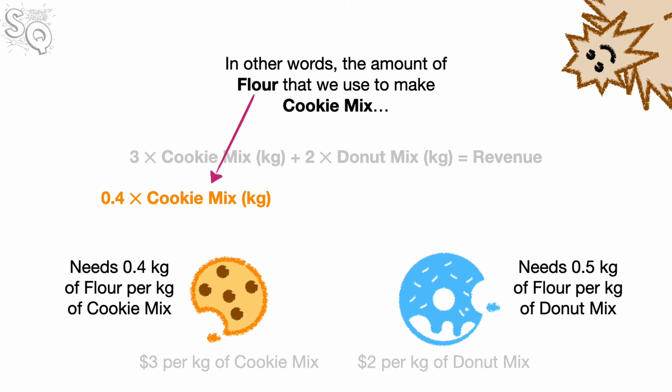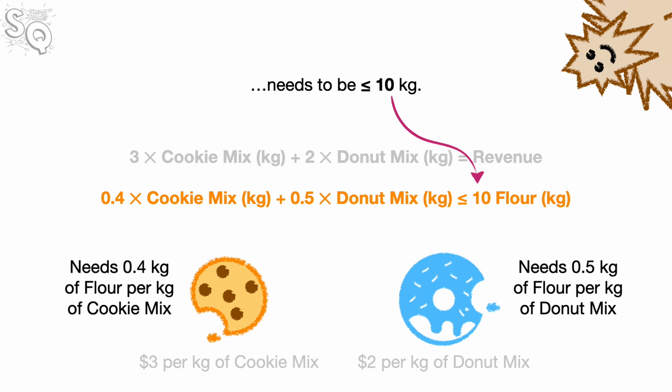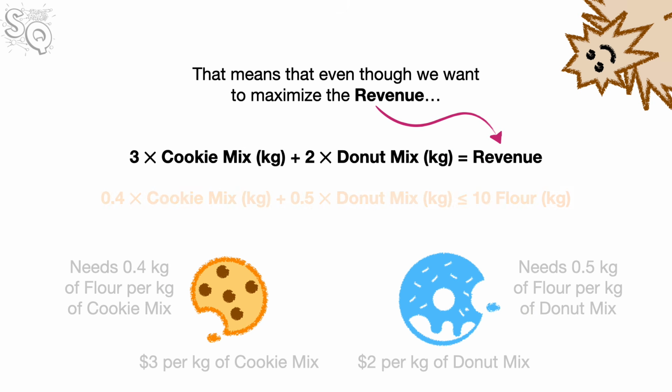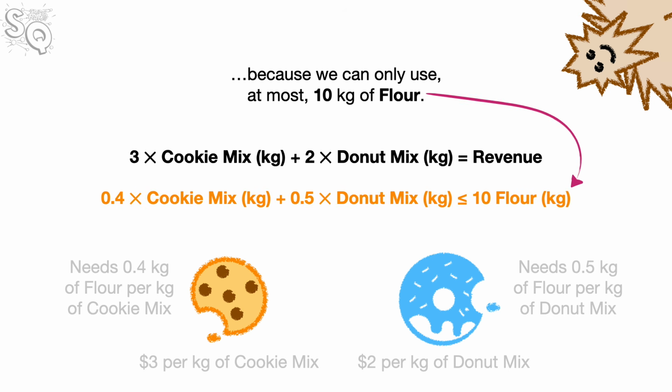In other words, the amount of flour that we use to make cookie mix, plus the amount of flour we use to make donut mix, needs to be less than or equal to 10 kilograms. That means that even though we want to maximize the revenue, we can't just make as much cookie and donut mix as we would like, because we can only use, at most, 10 kilograms of flour.